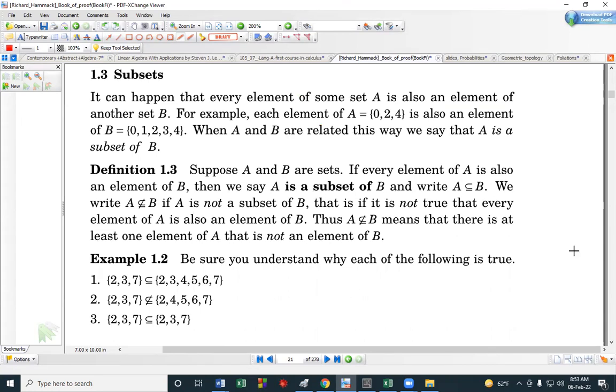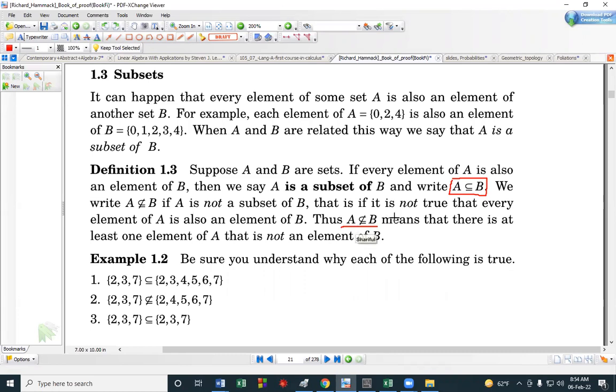So the notation is something like this. We'll say A is contained in B, and if it is not the case, then we'll say A is not contained in B. Not contained, in the sense of not completely contained in B, may be partially true.